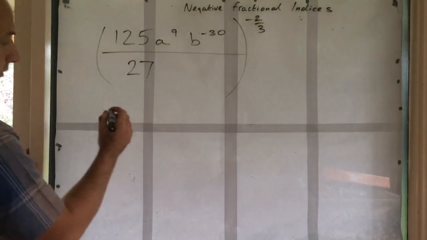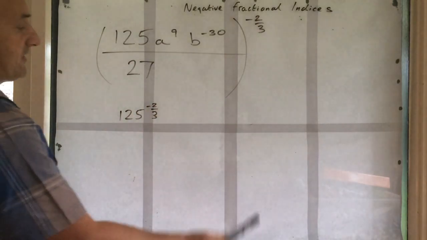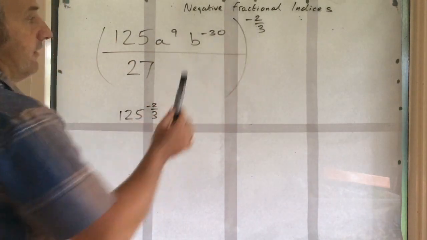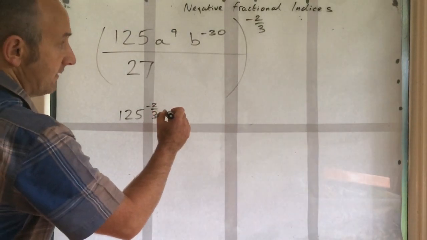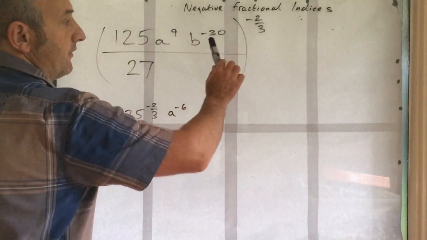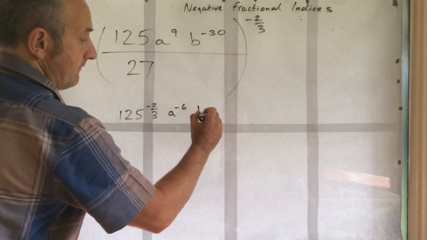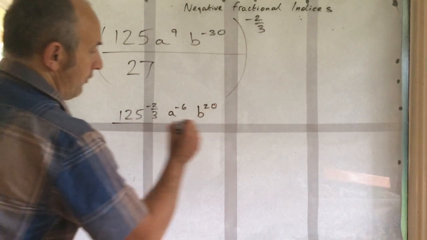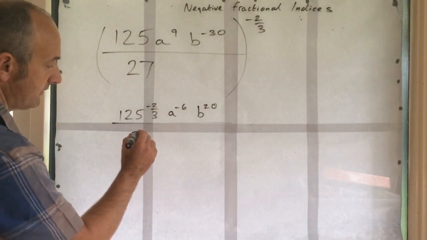So we've got 125 to the negative 2/3, and then we say, what's negative 2/3 of 9? So negative 2/3 of 9 is a to the negative 6. And what's negative 2/3 of negative 30? That's going to be b to the 20, all over 27 to the negative 2/3.